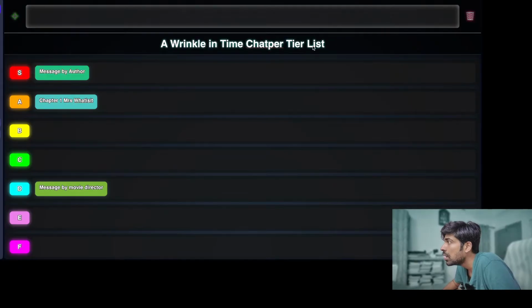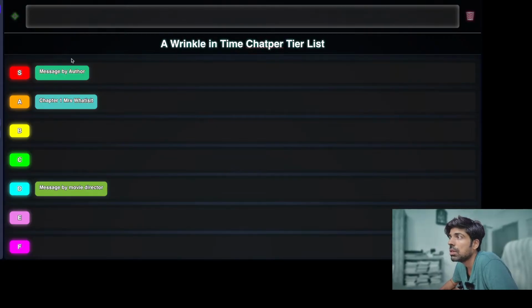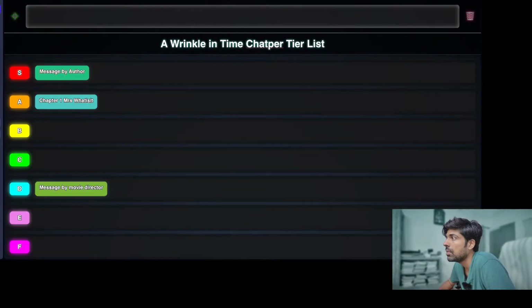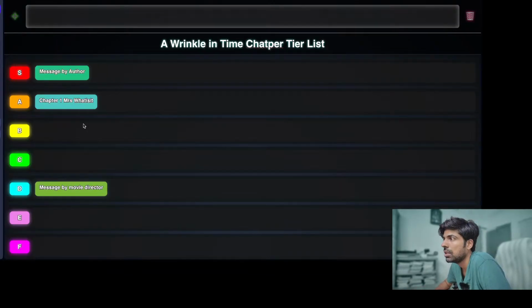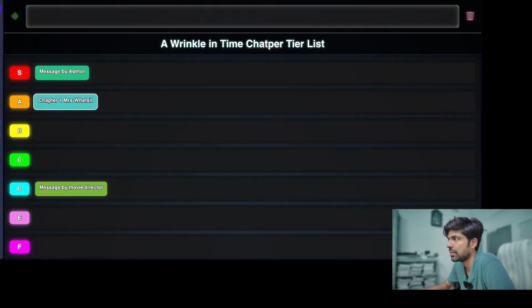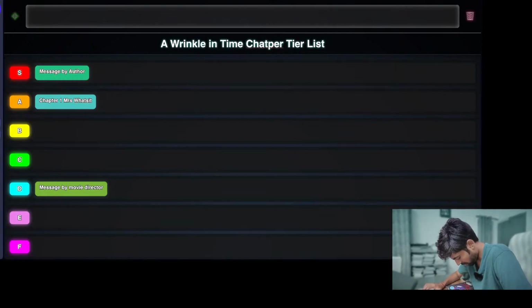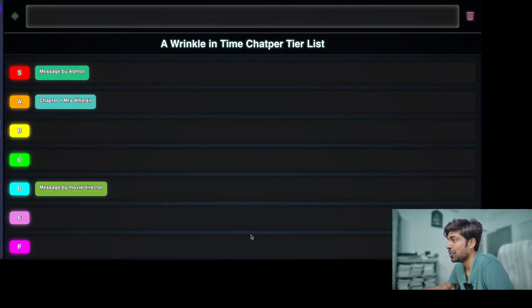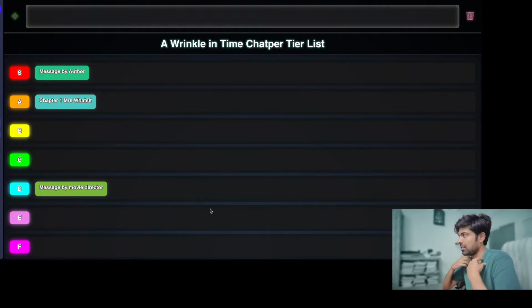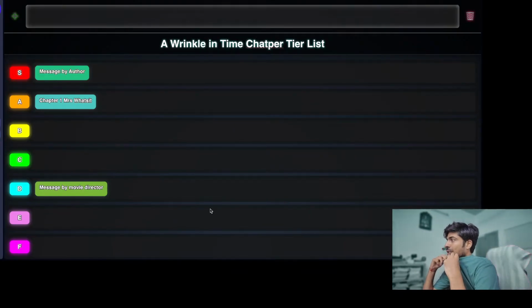One mistake that I noticed was the chapter name is Mrs. What's It, not what is it. So we read one chapter yesterday, which was quite a cliffhanger.